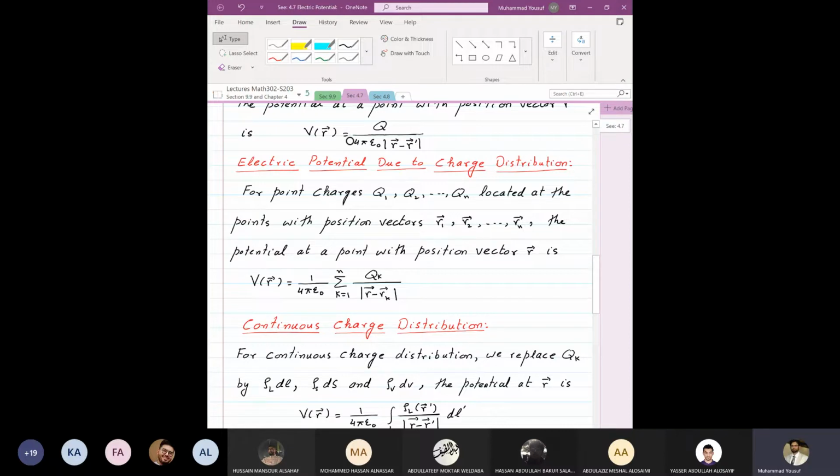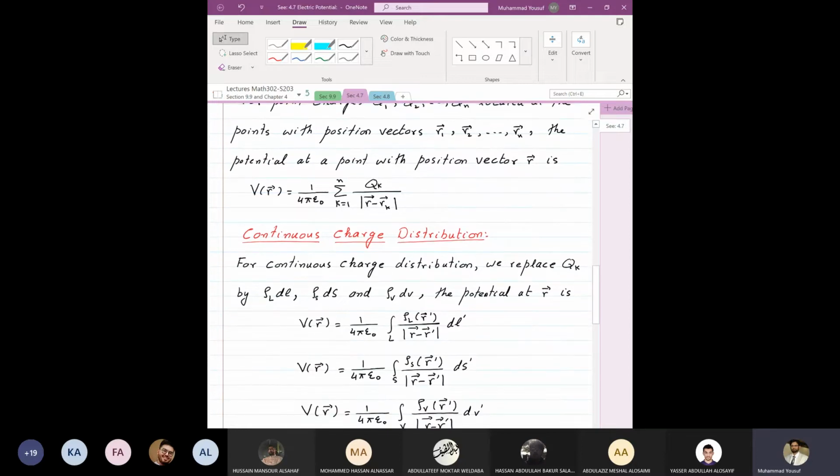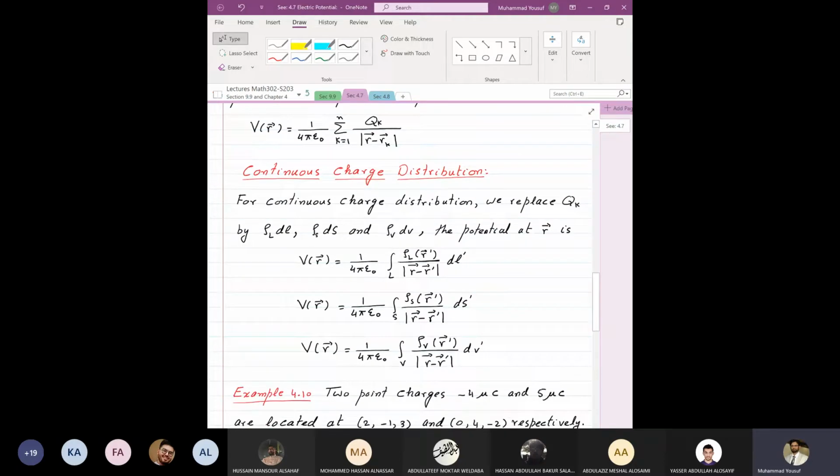So this is called discrete distribution, and we may have a continuous distribution. So next is continuous charge distribution. For a continuous charge distribution, we replace Q by rho L dl, or rho S dS, or rho V dV.